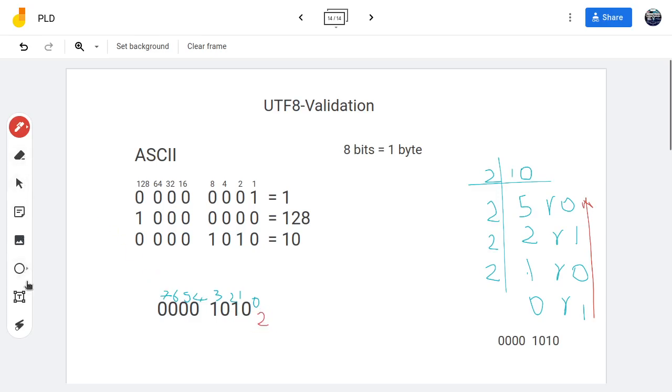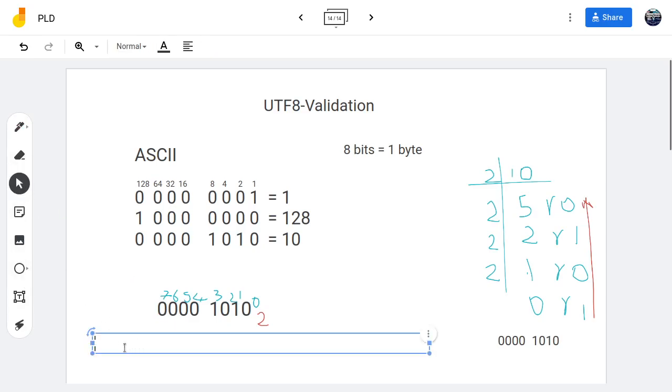Whatever the indices are, we raise 2 to them. So we have 0 here, the first 0 times 2 raised to power 7.